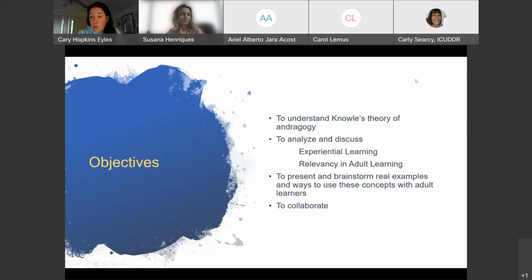So today we are going to focus on, we've been doing Knowles' theory of andragogy, but we're going to specifically dive into experiential learning and relevancy in adult learning. And we're going to brainstorm some real examples. It's really important to Susana and I that you leave with some ways you can use these, so you understand the concepts, but you know what you can do.